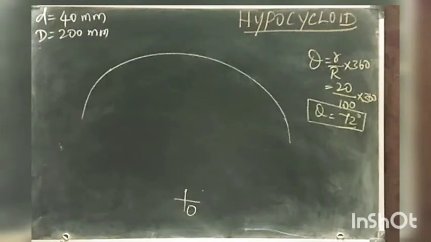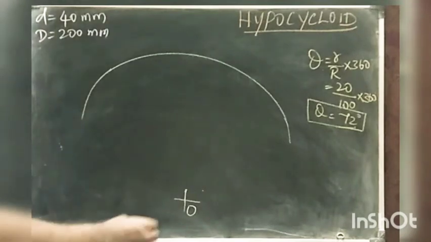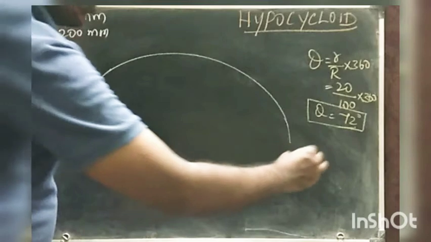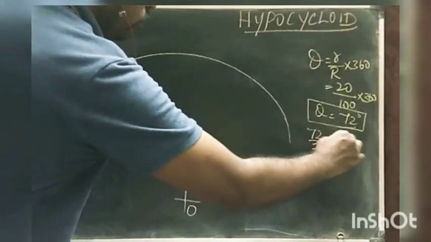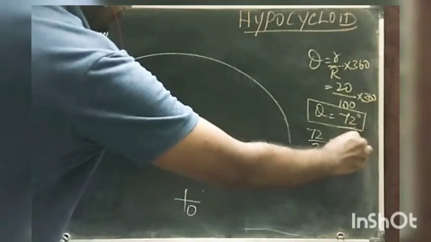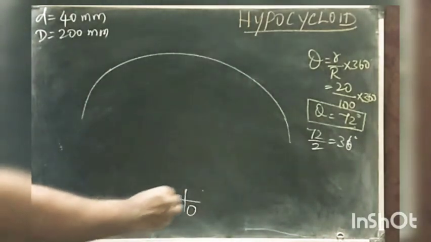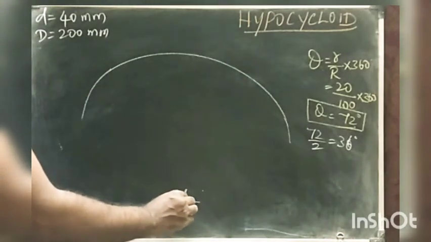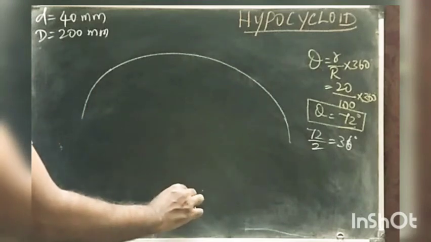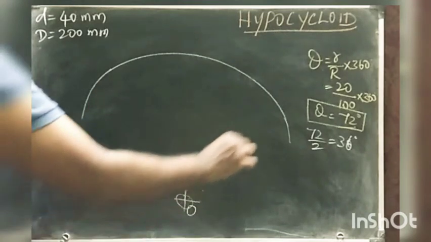Next, I am going to mark the 72 degrees here. I divide 72 into two divisions, so it will be 36 degrees, because I am making the angle with two equal arcs. Place your protractor in this direction and mark 36 here, then reverse the protractor and mark 36 here.